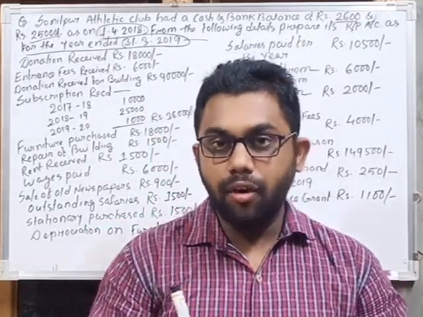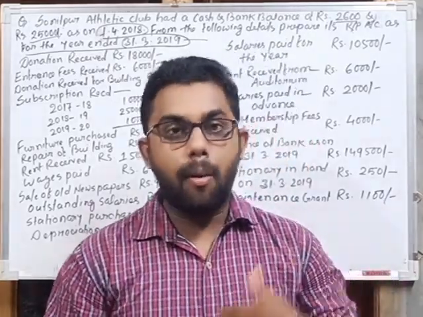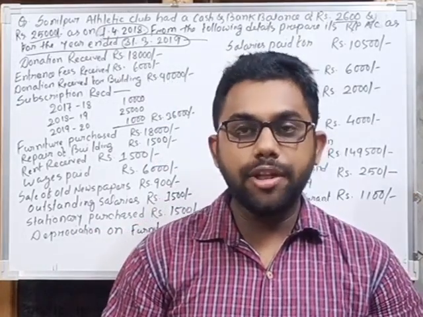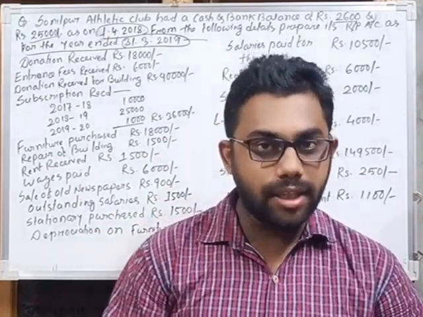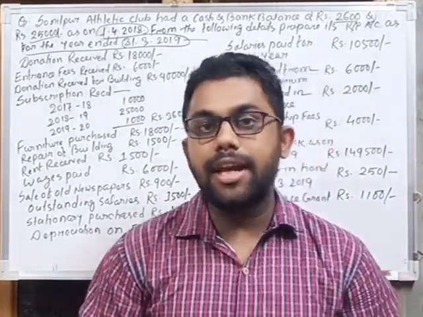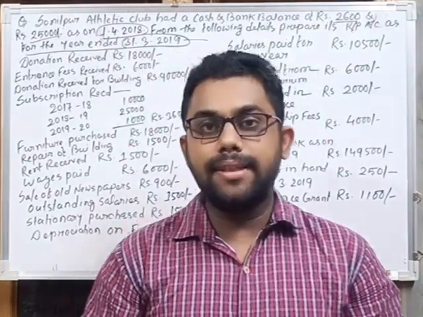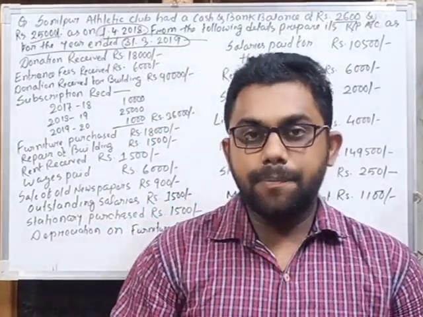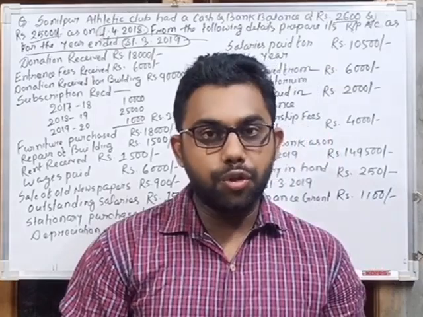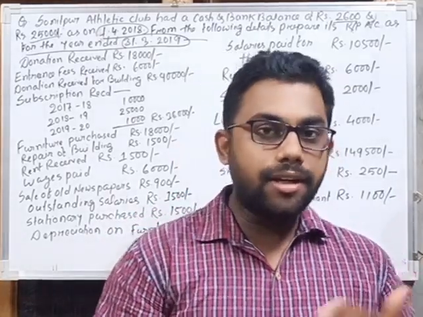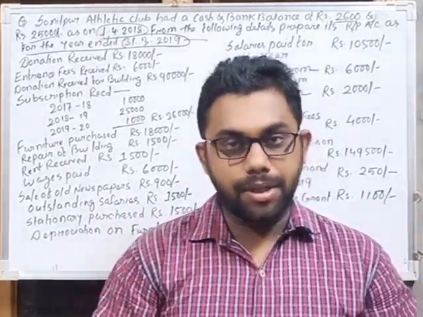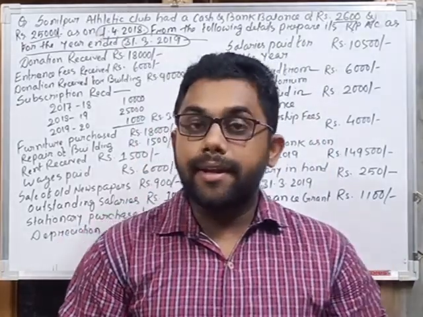It is the revision of an important topic from our first chapter, accounting for not-for-profit organizations, and the topic is receipts and payment account. In the final year question paper 2020, the question that came from the first chapter was income and expenditure account.